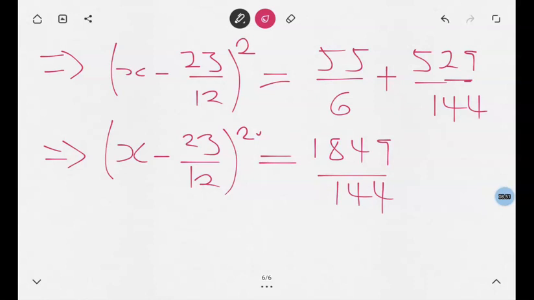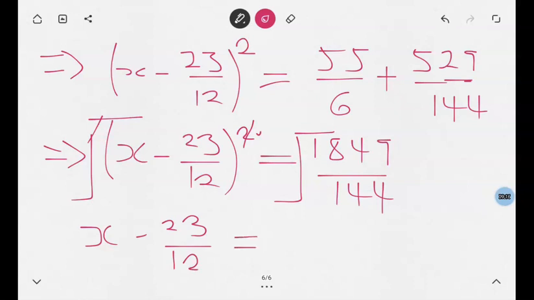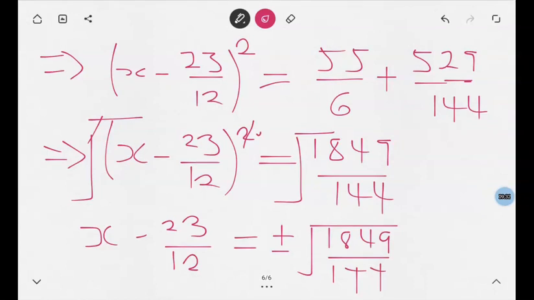It means we need to square root each side of the equation, so that we will be left with x minus 23 on 12 equal to plus or minus the square root of 1849 on 144.